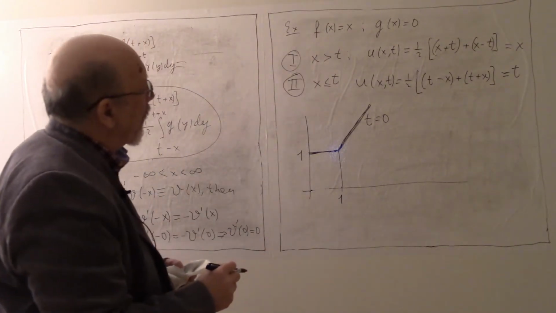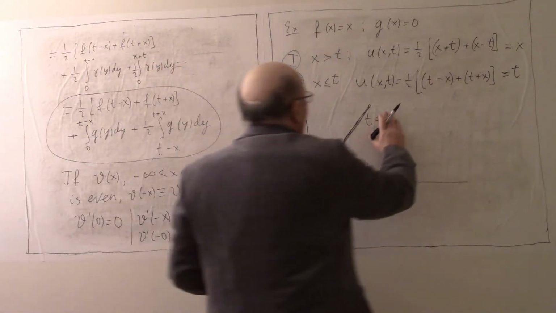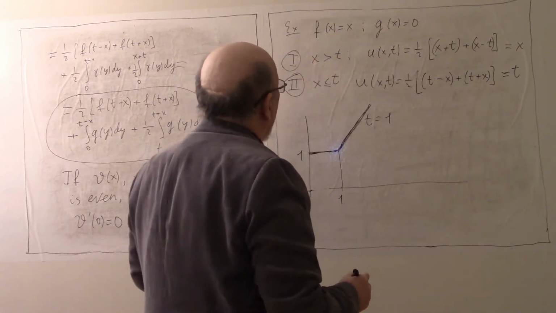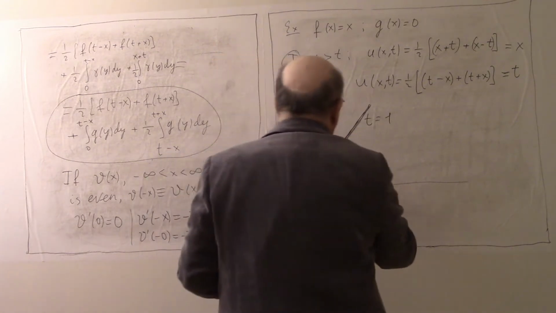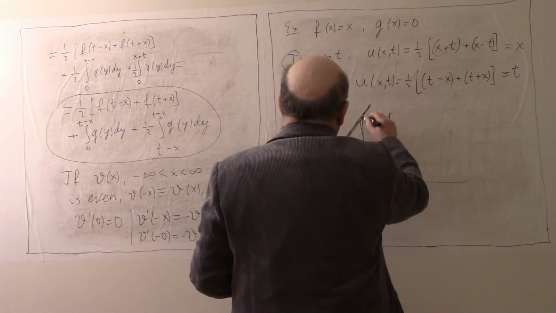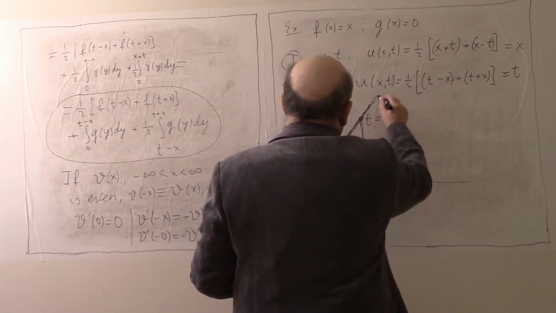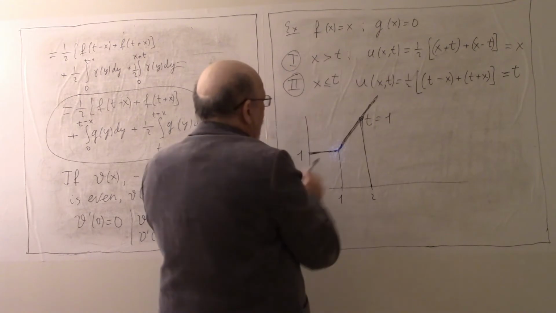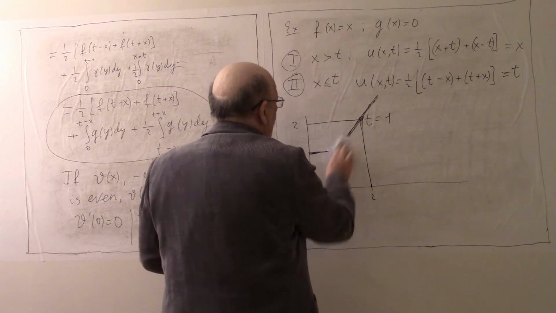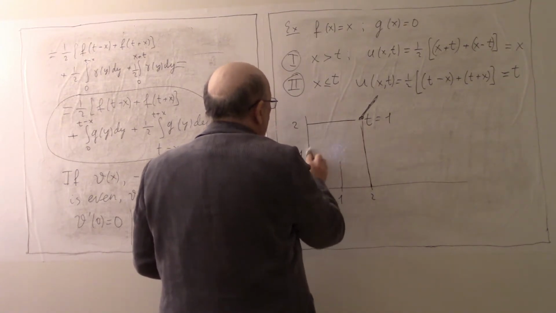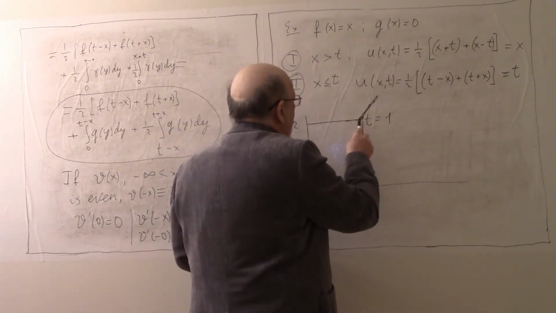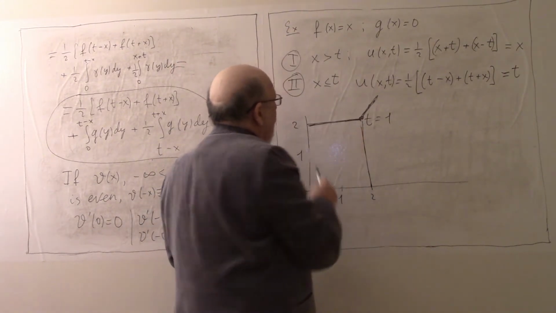This is the graph of the solution for t equal 1. Now for t equal 2, we have a similar thing. For x more than 2, we have the same function, and here it is equal to 2. Yeah? So you can see the pattern.